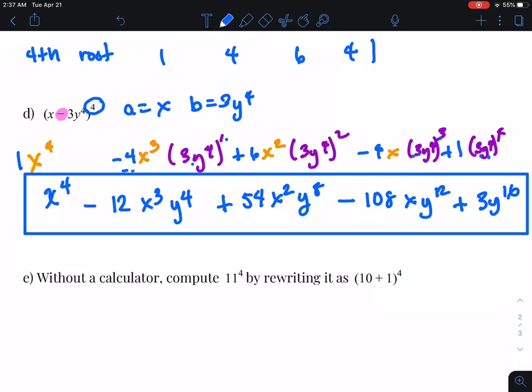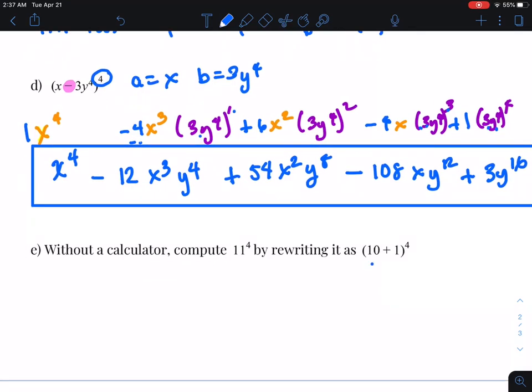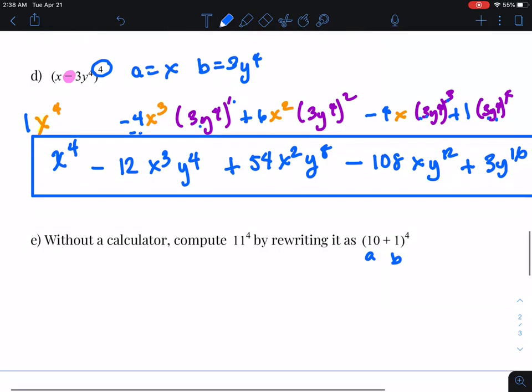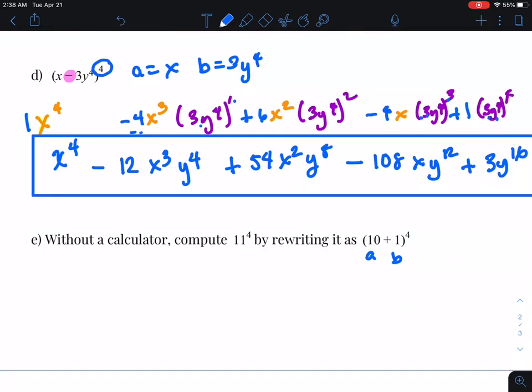Okay. Again, this one you would just use A and B. I'm going to do it real quick, just in case some of you are wondering. 1, 4, 6, 4, 1.